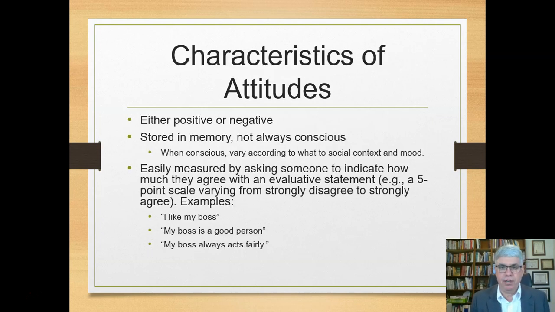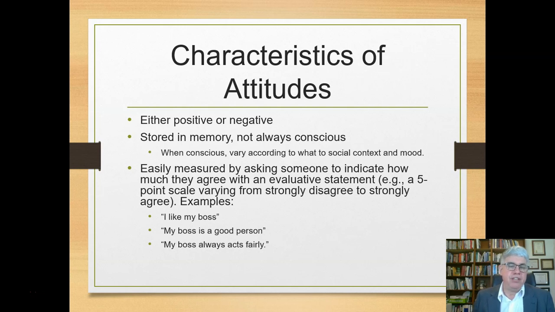Now, what are some characteristics of attitudes in general? First of all, they're either positive or negative or neutral, but they're on this linear scale generally. It's the evaluation: we either evaluate things positively, neutral, or negative. So that's the first characteristic.